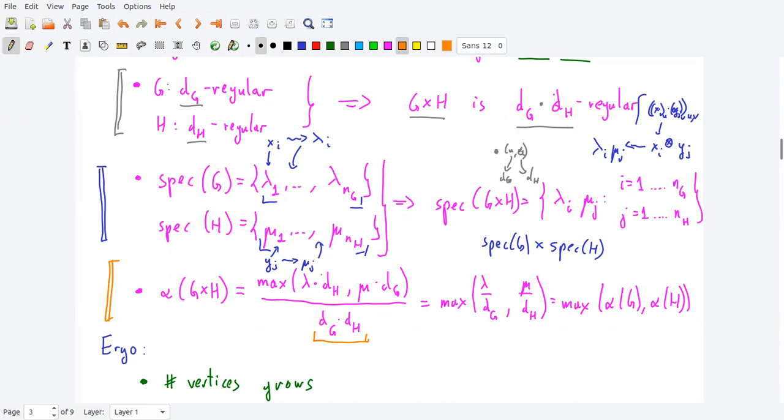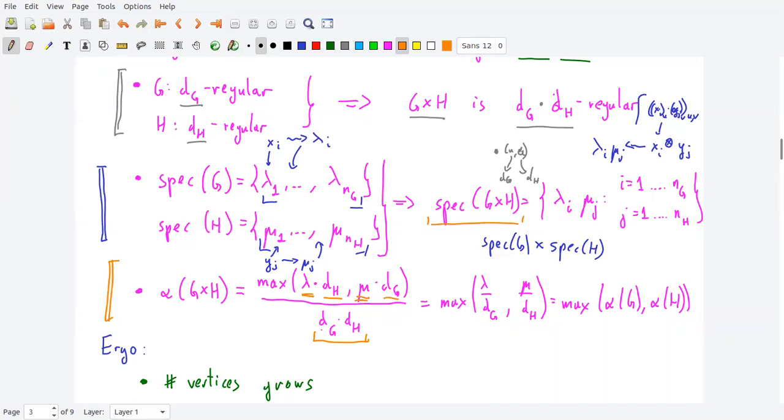Well, if I look at the second largest eigenvalue of this product, and I know that the spectrum is the pairwise product, the second largest will be either the first largest from one graph multiplied by the second largest from the other, or vice versa. So the second largest eigenvalue of G times H is the maximum of the following two quantities: the second largest eigenvalue up to absolute value of G times the regularity of H, or the second largest eigenvalue of H times the regularity of G.